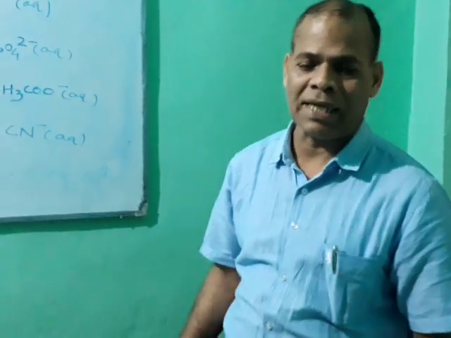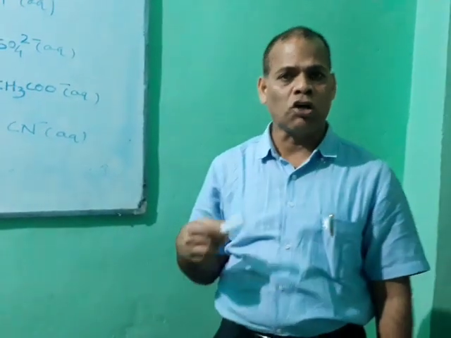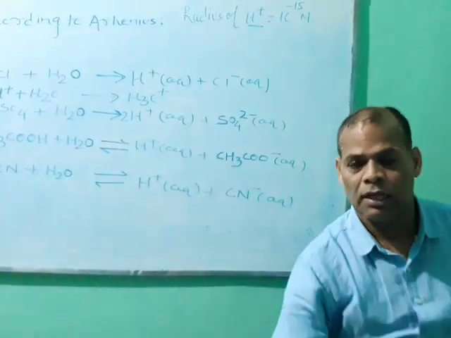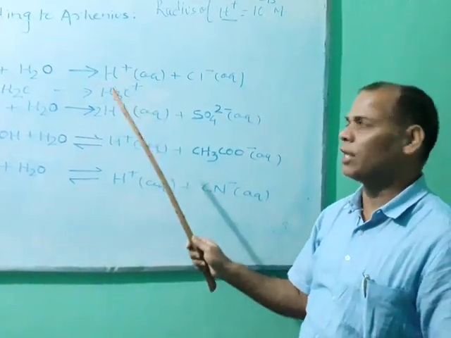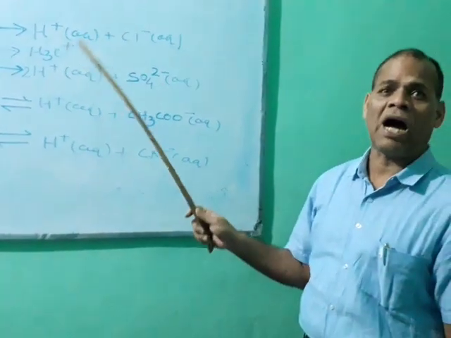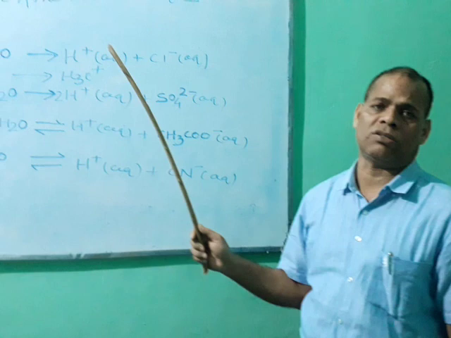So acids are those substances which, when dissolved in water, produce hydronium ion. Acids are those substances which produce hydronium ion in their aqueous solution.